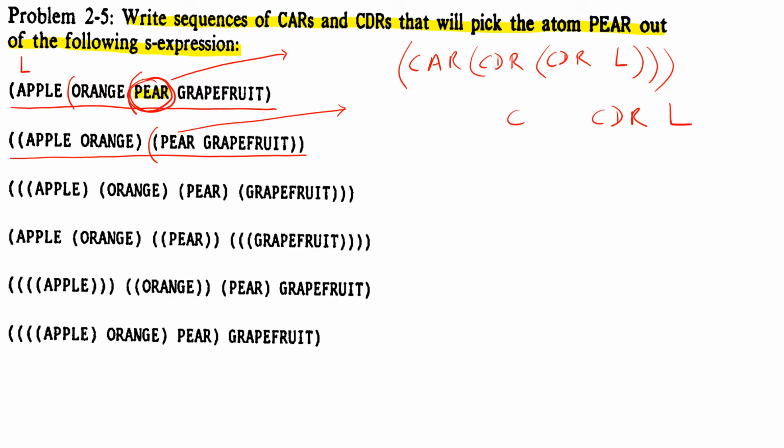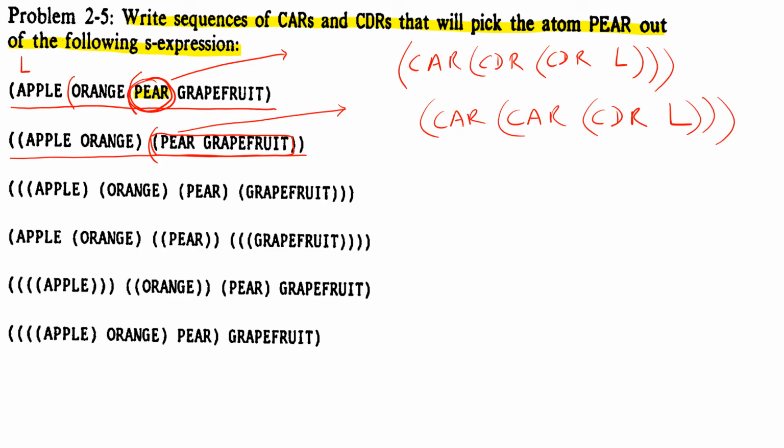Then if we take a CAR on that, it will give us this list which contains pear grapefruit. And then if you again take a CAR, that will give us pear.